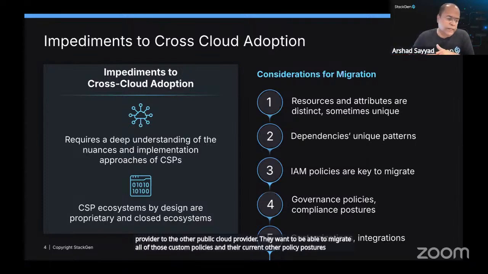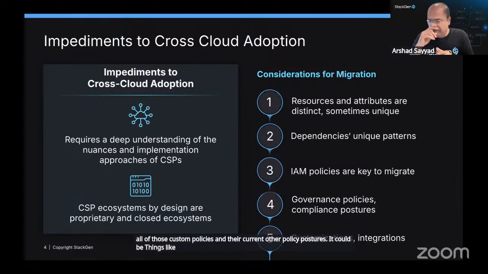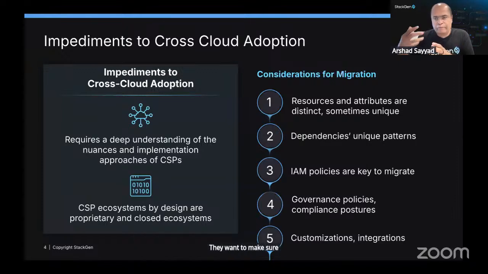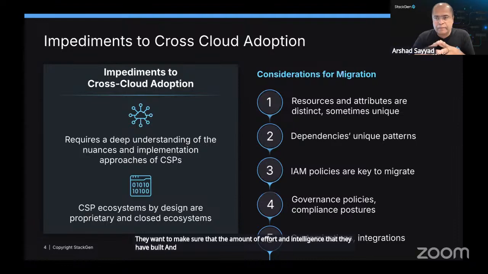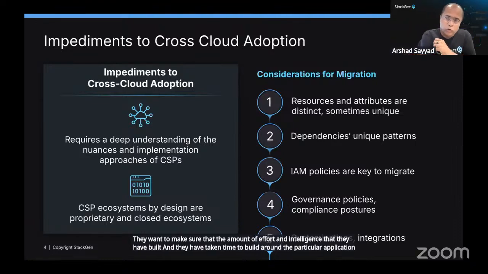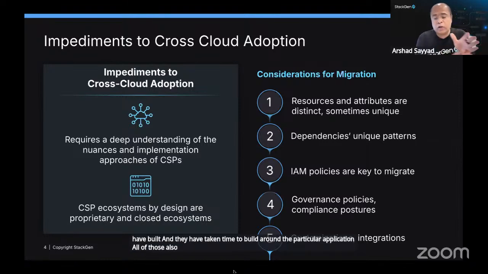It could be things like NIST, it could be PII, it could be PCI, it could be GDPR. They want to make sure that the amount of effort and intelligence that they have taken time to build around the particular application all comply and move, and they are not starting from scratch again.